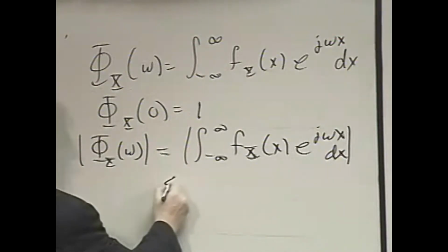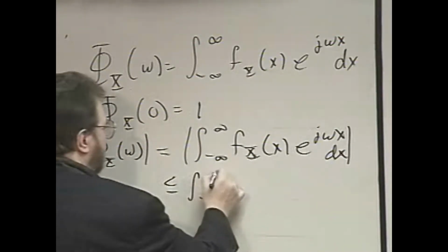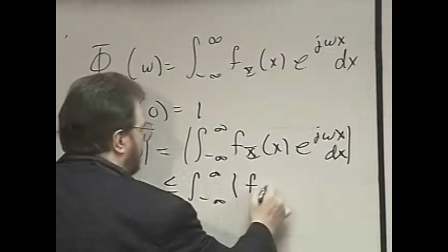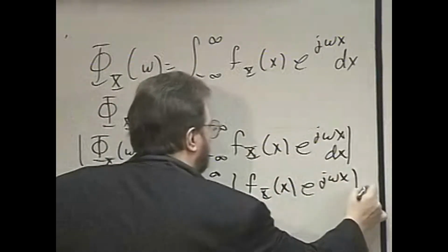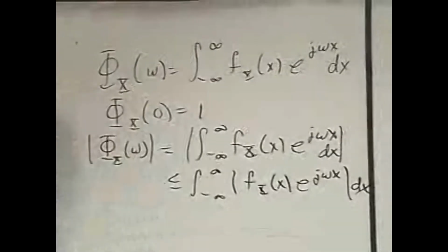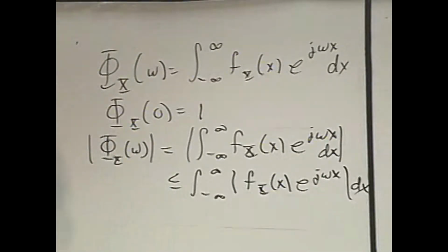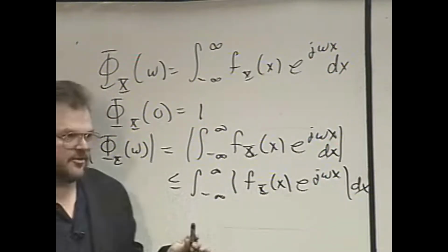The following inequality is kind of intuitive: that the magnitude of the integral always has to be less than or equal to the integral of the magnitude. Let me explain to you why this is intuitive.